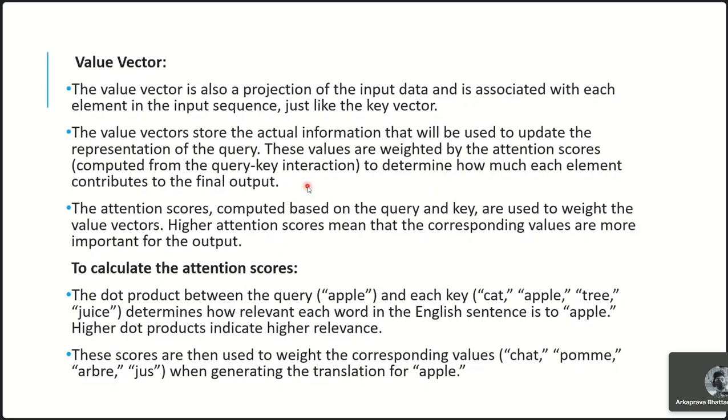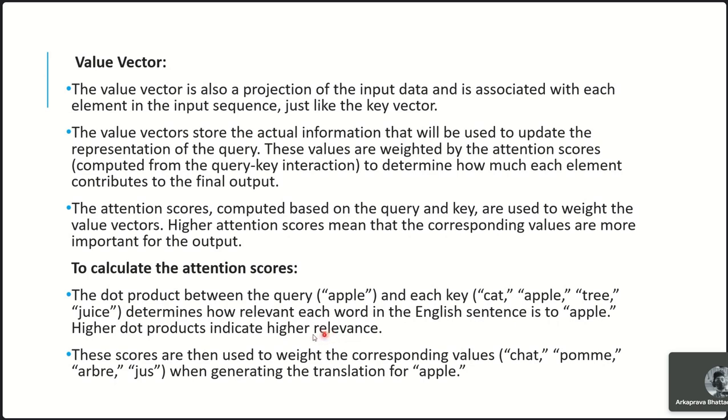Okay. So the attention scores are nothing but the dot product between the query and each key. Okay. That means it determines how relevant each word in any English sentence is, for example, when I want to convert English into French. Okay.